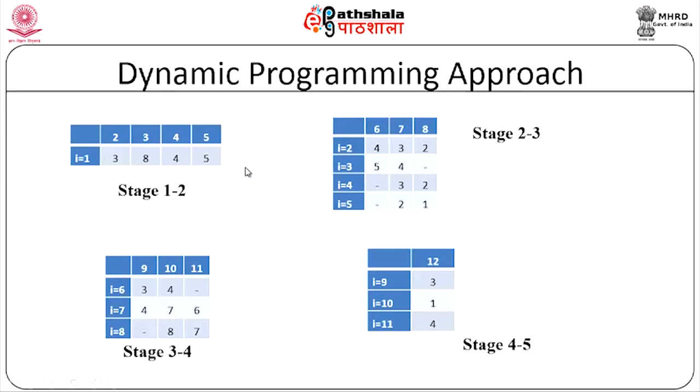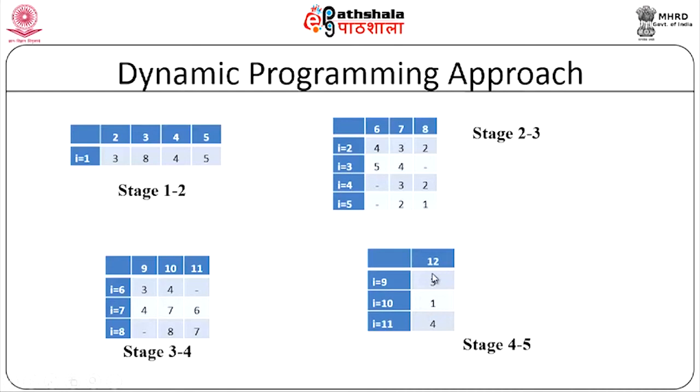Consider this scenario where from 1 you have edges to vertices 2, 3, 4 and 5 with these particular edge costs. Similarly, this is stage 2 to 3 with these costs, this is stage 3 to 4 with these costs, and from stage 4 to 5 with these costs.